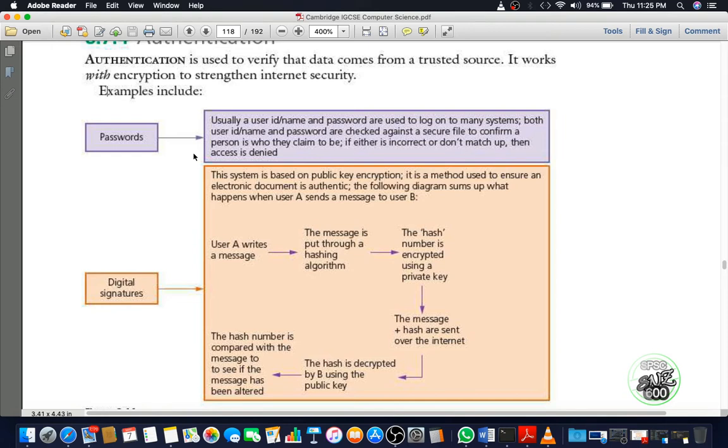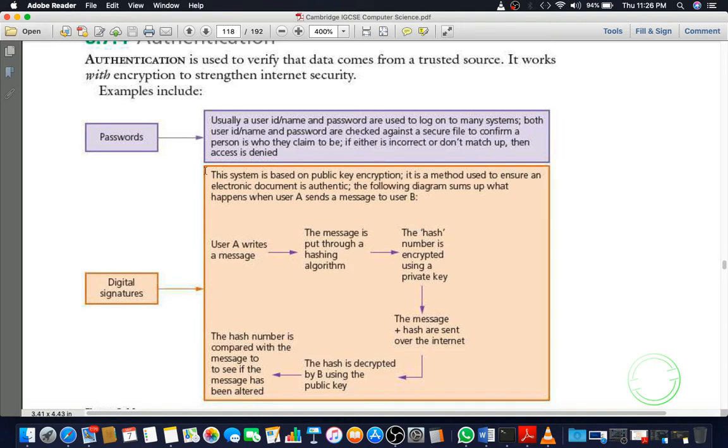Actually in this case, the password and user IDs are stored in a file that is secured in the system. So whenever any user gives a user ID and password, both are checked, so that if the user ID and the password that is typed match the file in the system, then you get the access.